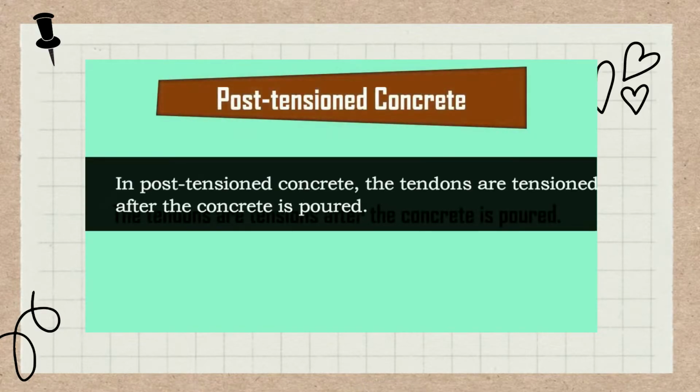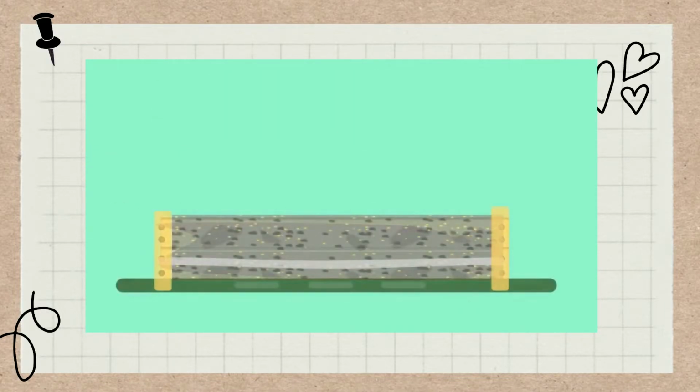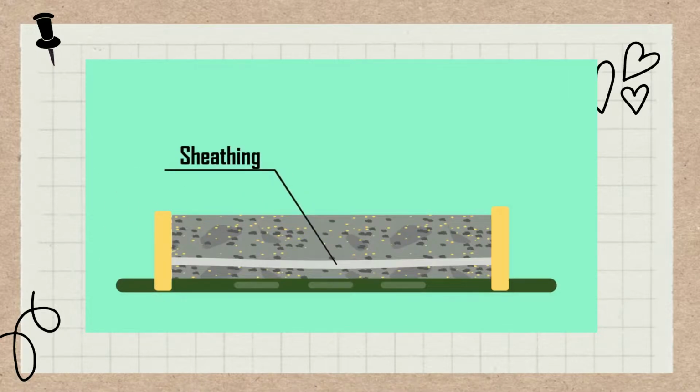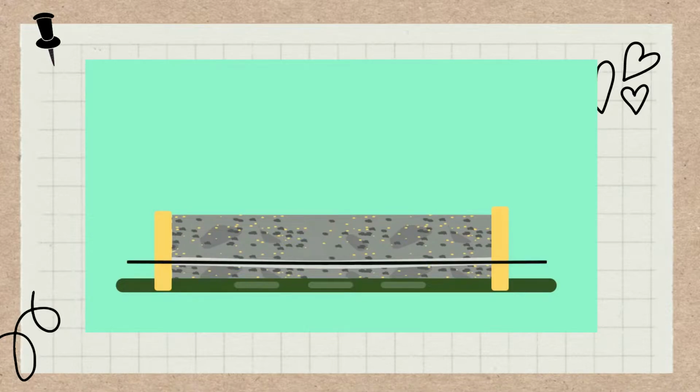Post-tensioned concrete. In post-tensioned concrete, the tendons are tensioned after the concrete is poured. Initially, the concrete is cast around the sheathing. The ducts are formed in concrete in which tendons are placed.